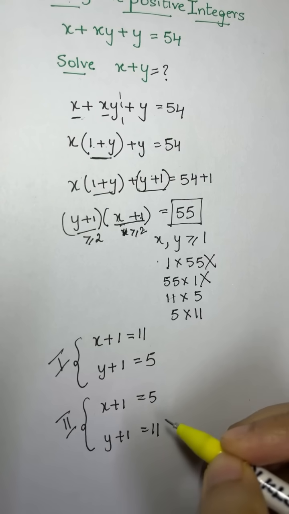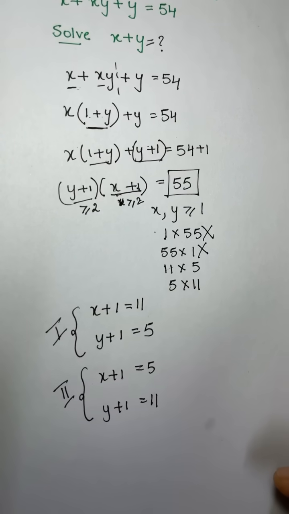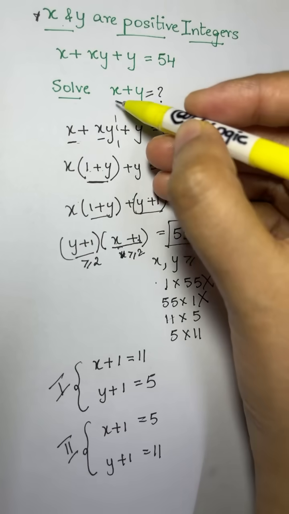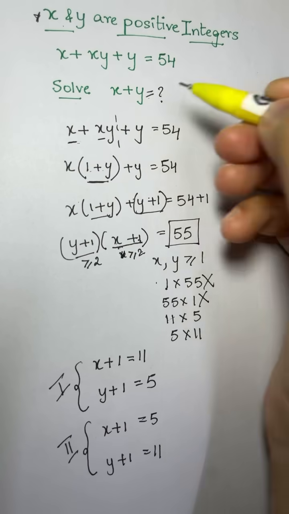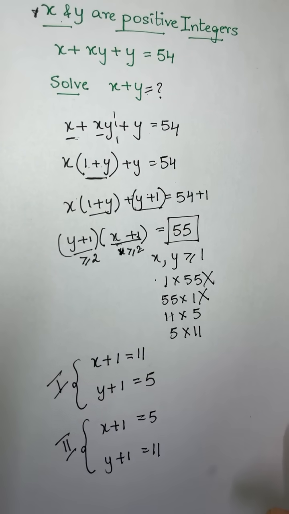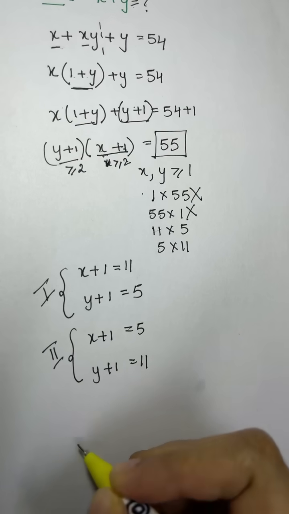In both ways you're going to get the same thing, vice versa. Now we need to find x plus y as in the question. We don't need to solve for the individual values, as we can get x plus y directly. I'm going to just write that down.